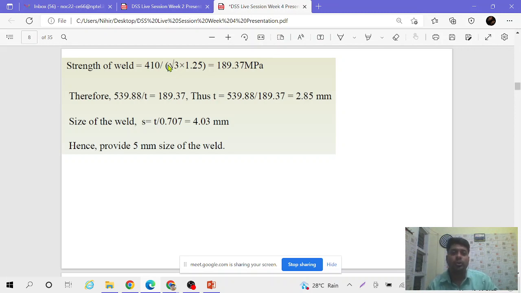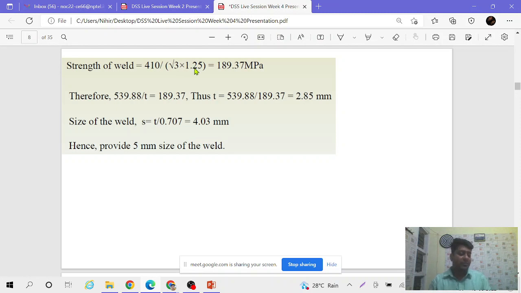Root 3 is coming from the von Mises criteria that I told in my live session, and this is the Fu value, 410. So 410 upon root 3 into 1.25. Remember one thing, fillet weld is governed by its rupture, meaning it will break, and obviously it will experience shear. For the shear portion we have applied this root 3, but you can see that it is the ultimate value Fu, 410, into 1.25.